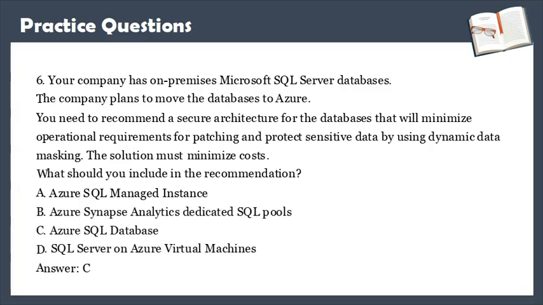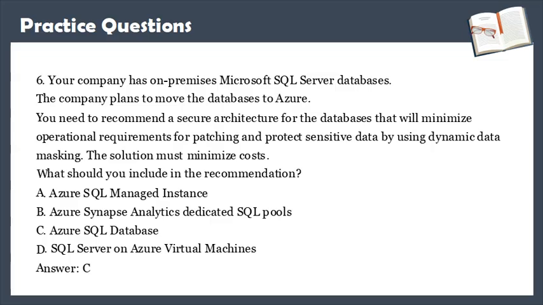6. Your company has on-premises Microsoft SQL Server databases. The company plans to move the databases to Azure. You need to recommend a secure architecture for the databases that will minimize operational requirements for patching and protect sensitive data by using dynamic data masking.